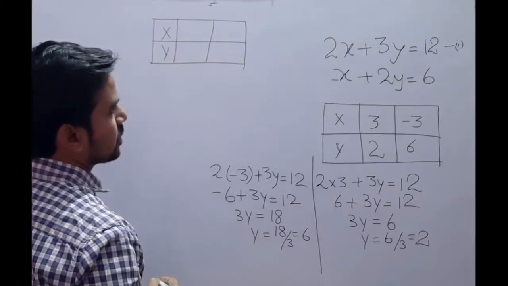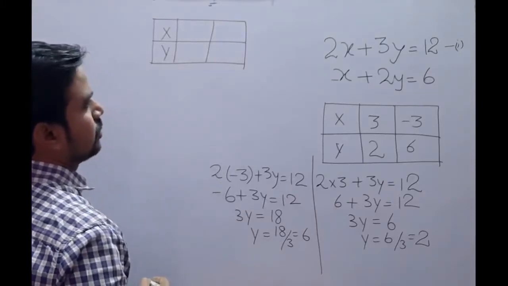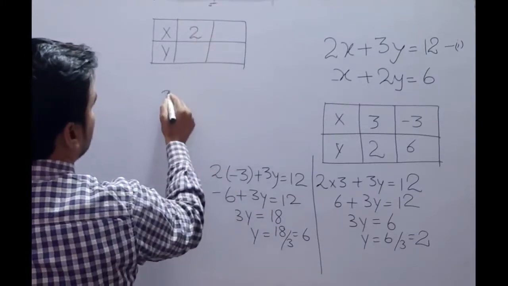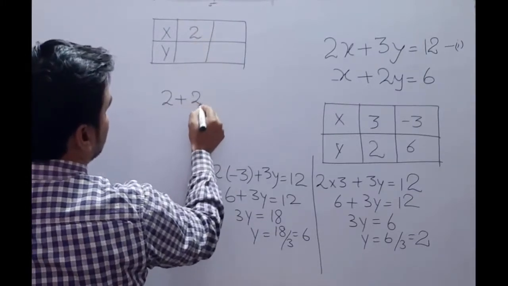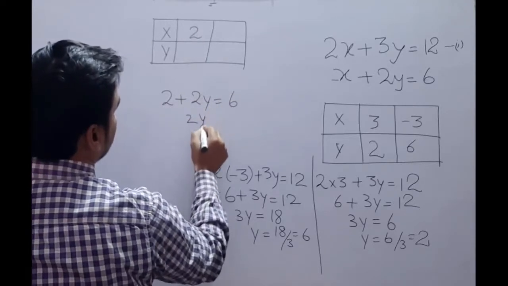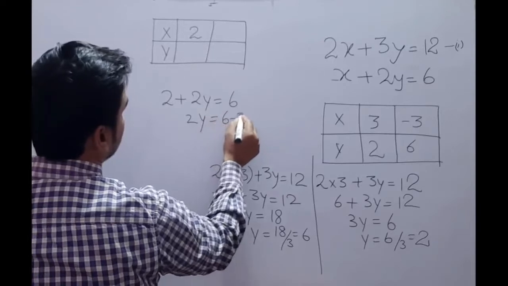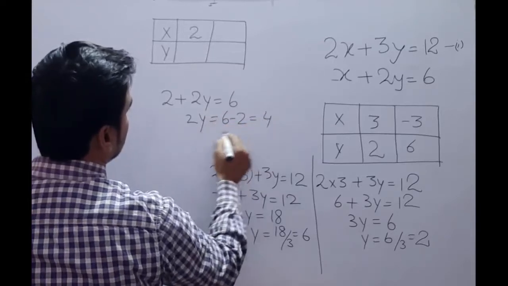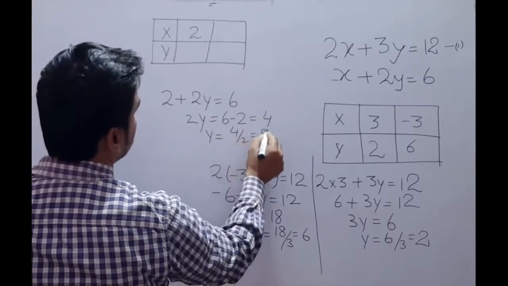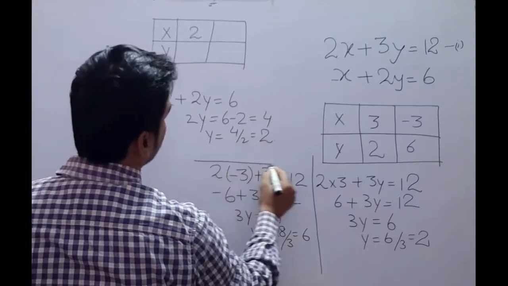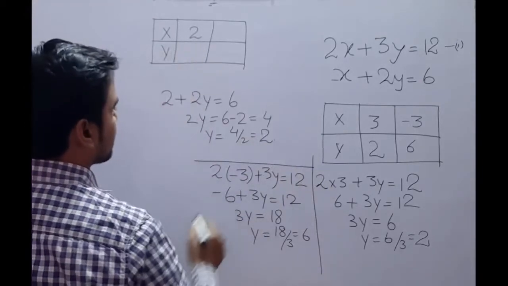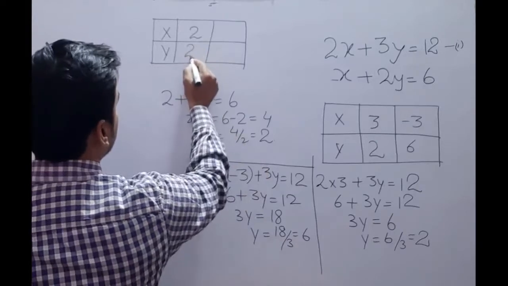If I put x equals 2, so 2 plus 2y equals 6. 2y equals 6 minus 2, that is equal to 4. So y is equal to what? 4 by 2, that is equal to 2. So when we take the value of x as 2, the value of y is also equal to 2.